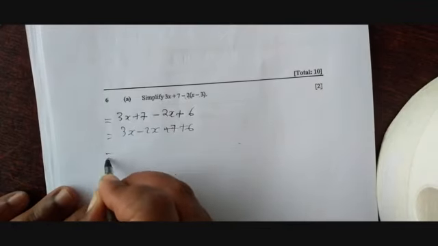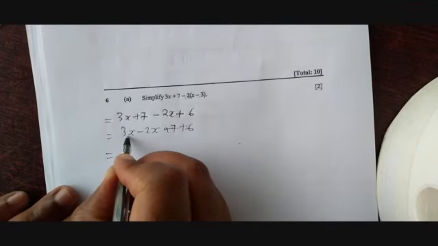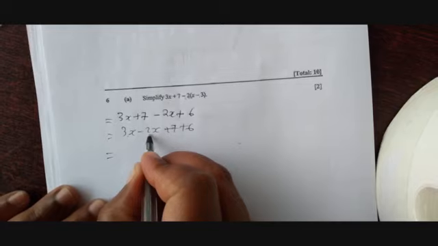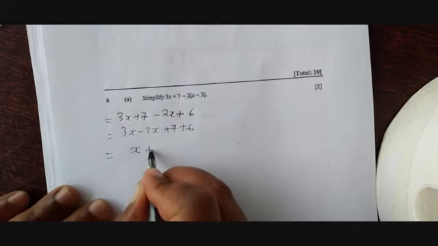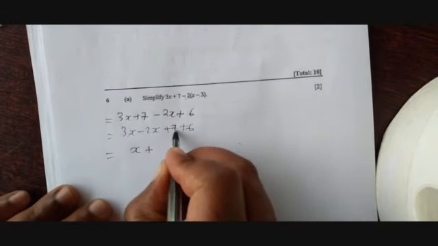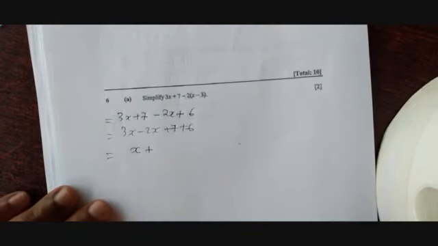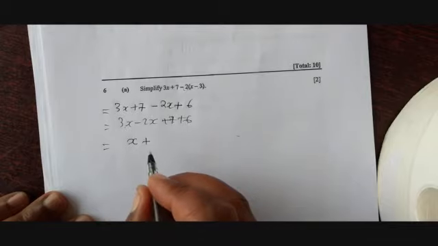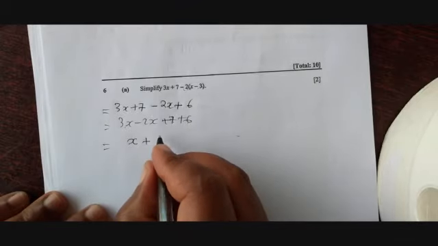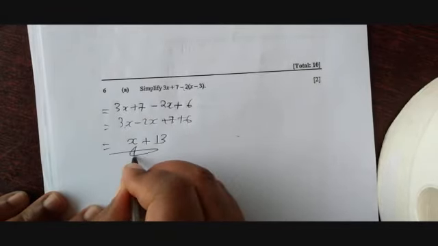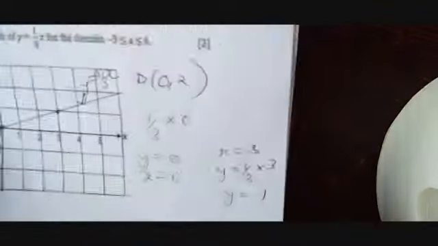So 3x minus 2x is x, plus 7 plus 6, what do we get? We get 13. So this one is our answer. Okay, go to the next question.